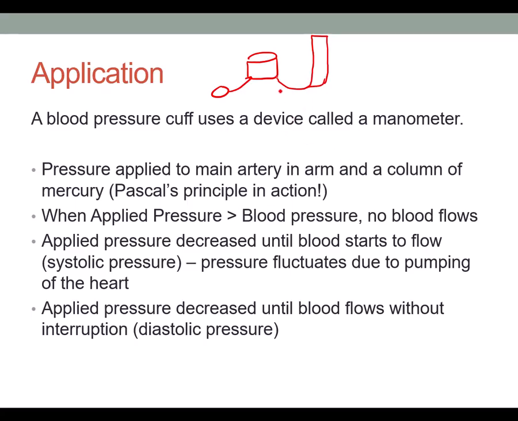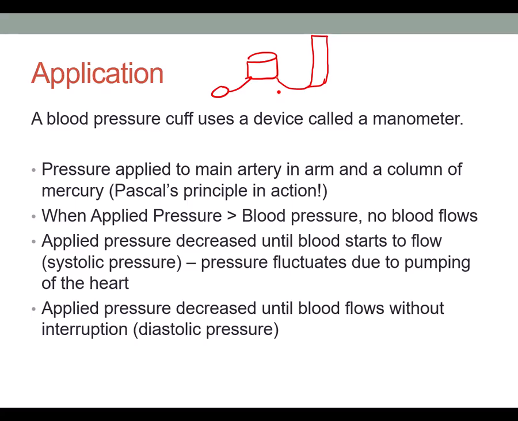Okay. If the applied pressure is big enough, in other words, if it's bigger than your blood pressure, then no blood can flow. And so the first thing that the nurse or whoever is taking your blood pressure does is pump up the cuff until no blood is flowing. And then they slowly let it out.